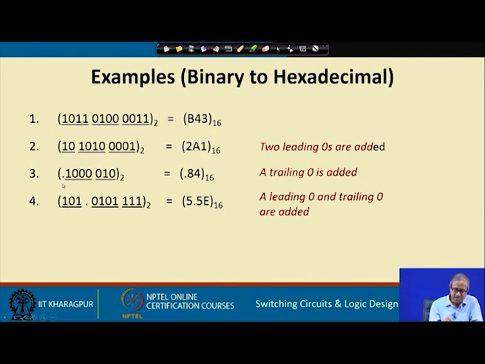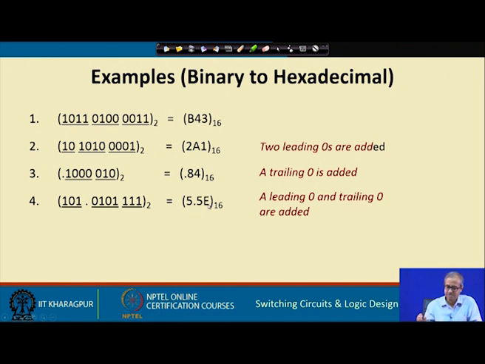For fractional numbers, scan from left to right, 1000 is 8, 010, add 1 zero, 0100 which is 4. Similarly, another example here. Here you add a 0, 0101 is 5, and 111 and a 0, it is 14, which is E.